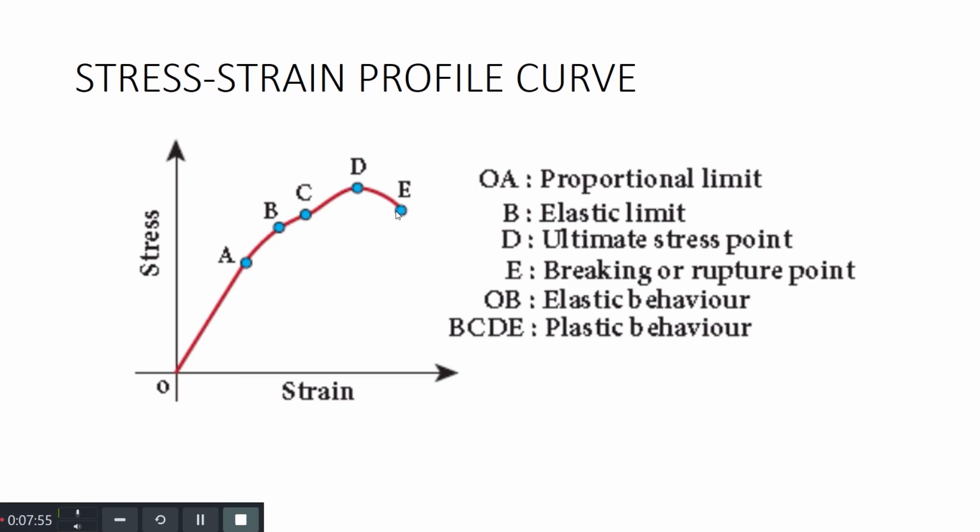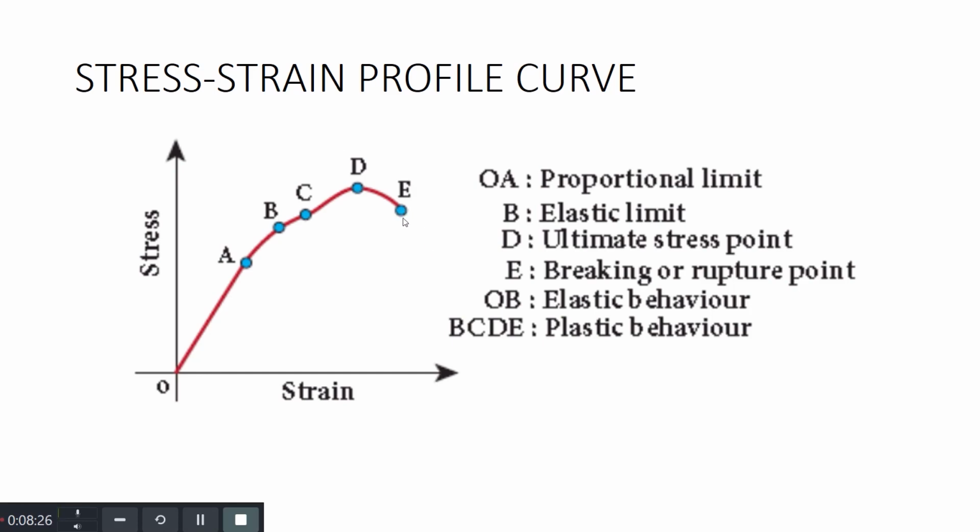But if points D and E are very far apart, we can say that the object is very ductile. For example, metals are very ductile. You can change their shape into different forms, you can curve it, you can bend it, but it will not break. You cannot break metal very easily, because for metals, points D and E are very far apart.